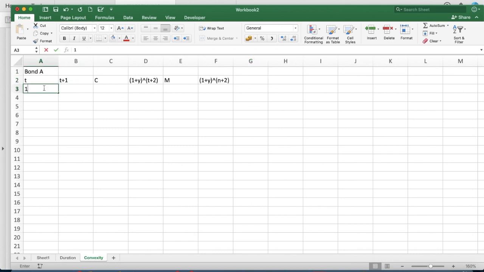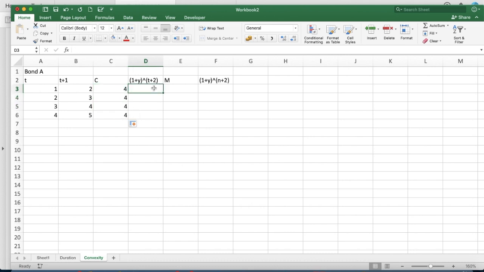So 1, 2, 3, and 4. Well, for T plus 1, we have just to consider the previous column plus 1 and scroll down. Remember, the coupon payment for A was equal to 4 and it is constant through all the maturity.